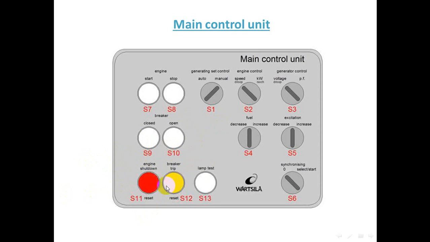S12 is colored yellow. Its function is breaker trip and reset. When a short circuit happens at S10, you must reset after the short circuit or damage. You must reset the breaker with S12.